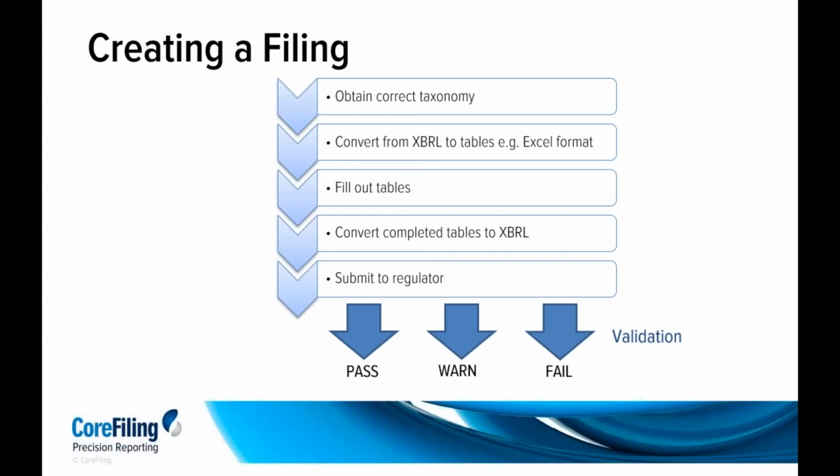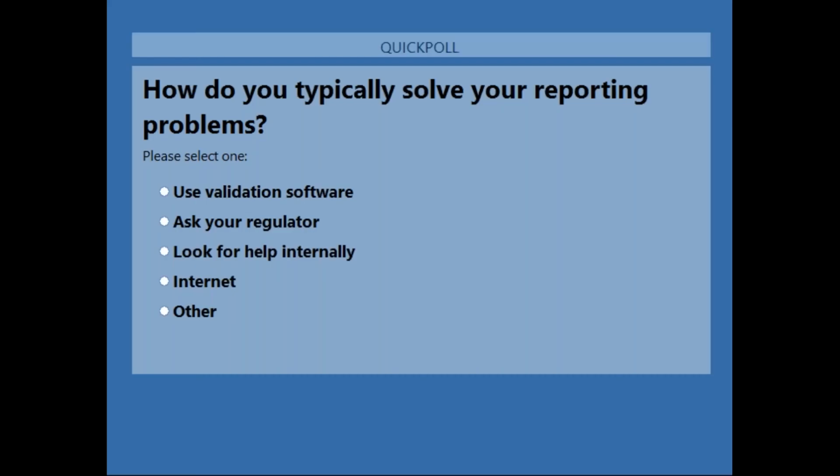Great stuff. And we have one more question coming up in just a few moments. And our second and final question, how do you typically solve your reporting problems? Is it by using validation software? Do you ask your regulator for help?